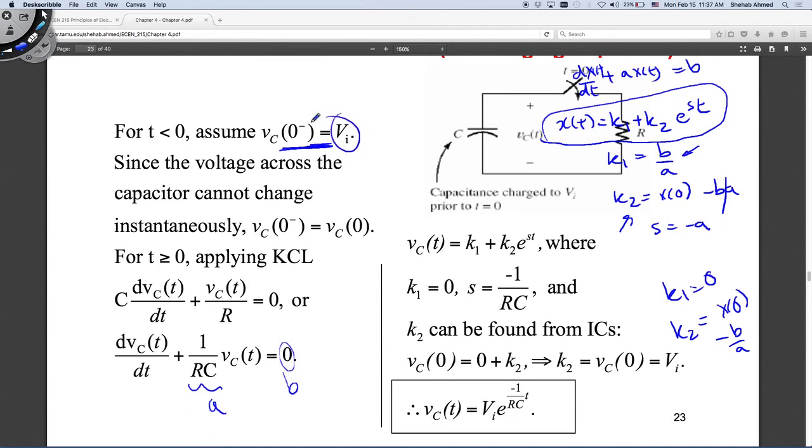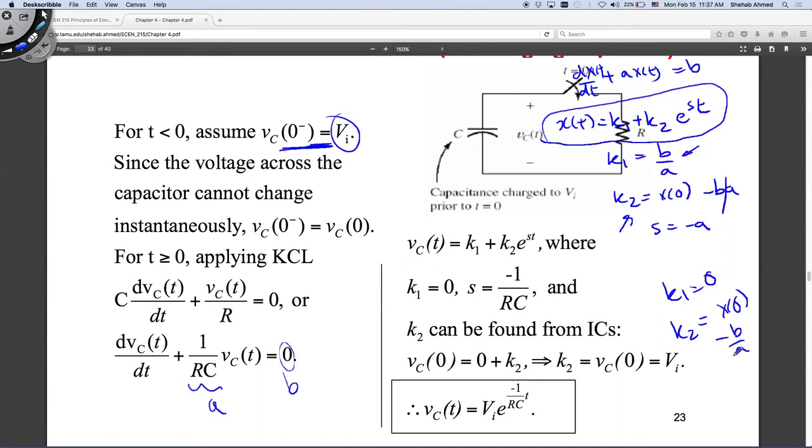This is the case where the train is leaving. They charge the train's capacitor, and the train wants to leave. So the capacitor is charged to a certain initial voltage. This is VC of 0 minus, before you turned on the switch. It was charged to some value of voltage VI. So this is x of 0.